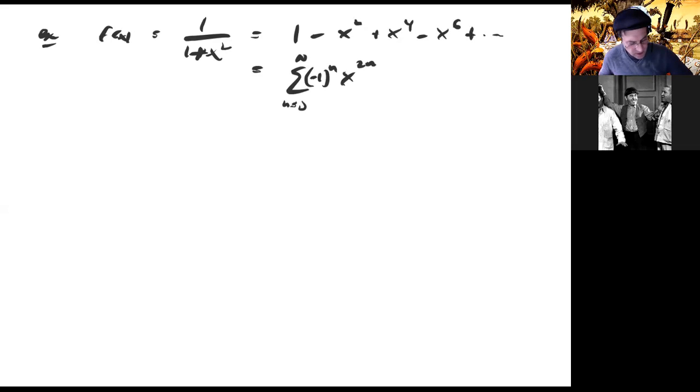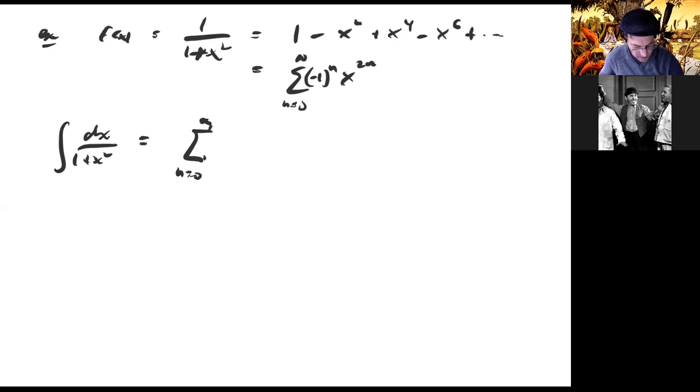Okay, let's integrate f of x. So the integral of dx over 1 plus x squared, according to the theorem that I proved, should be the sum, n goes from 0 to infinity, of minus 1 to the n over 2n plus 1, x to the 2n plus 1. I've integrated term by term, and so that's the answer.